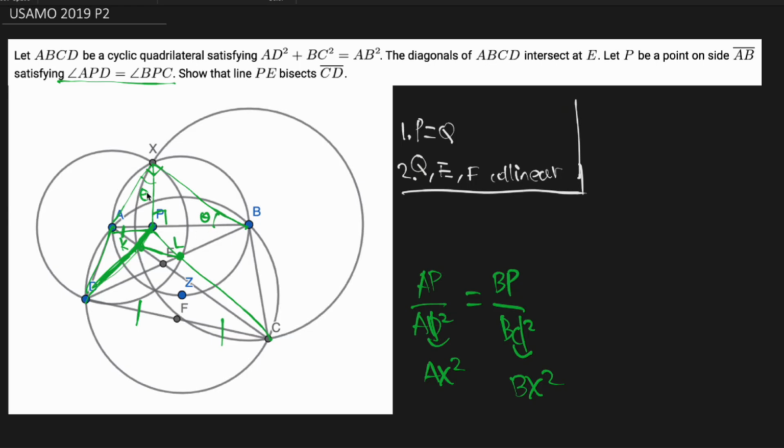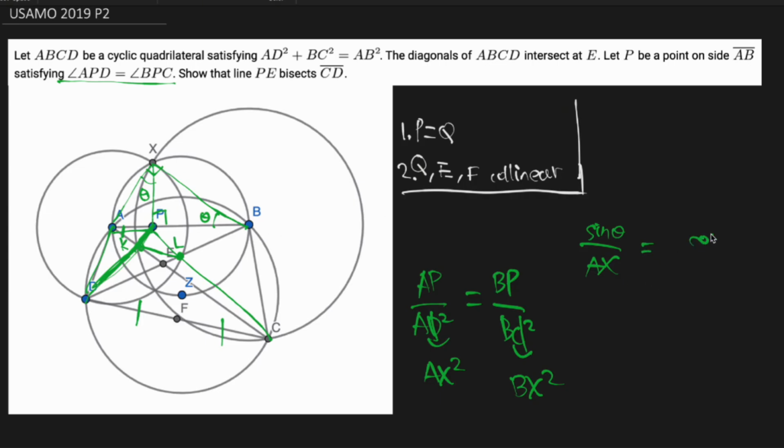So let me label these things as theta. And we can actually express some of these things. For example, AP over AX is sine theta. So we can write down sine theta over AX. That will be the left-hand side. And BP over BX is cosine theta.